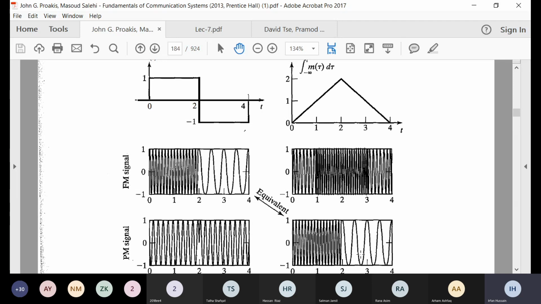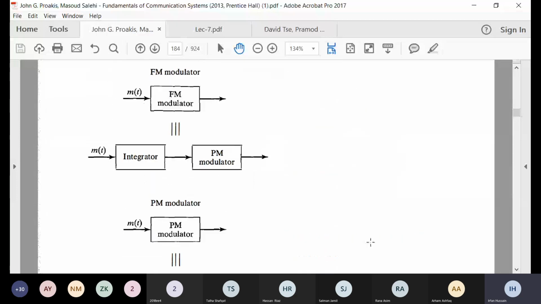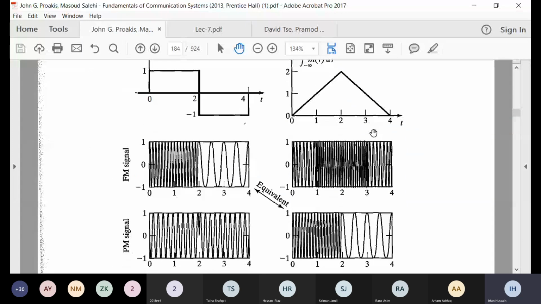And as you can see, if you pass the integral of the signal to a PM system, in effect it becomes as if you are doing its FM modulation. That is why these two are equivalent.